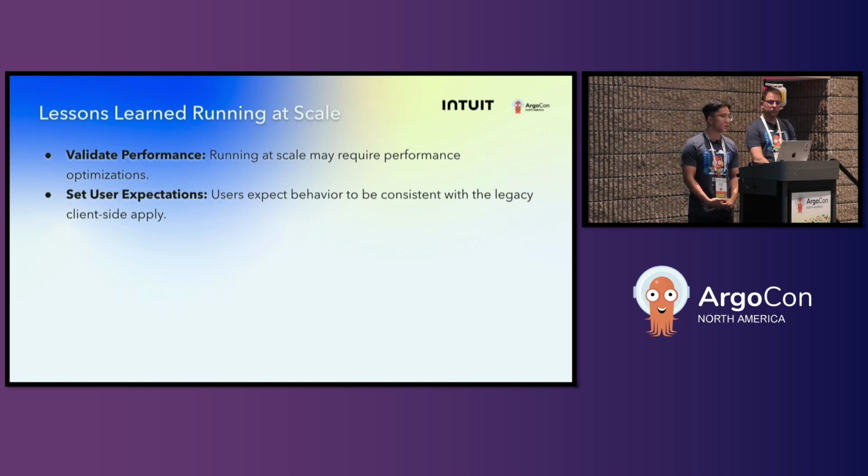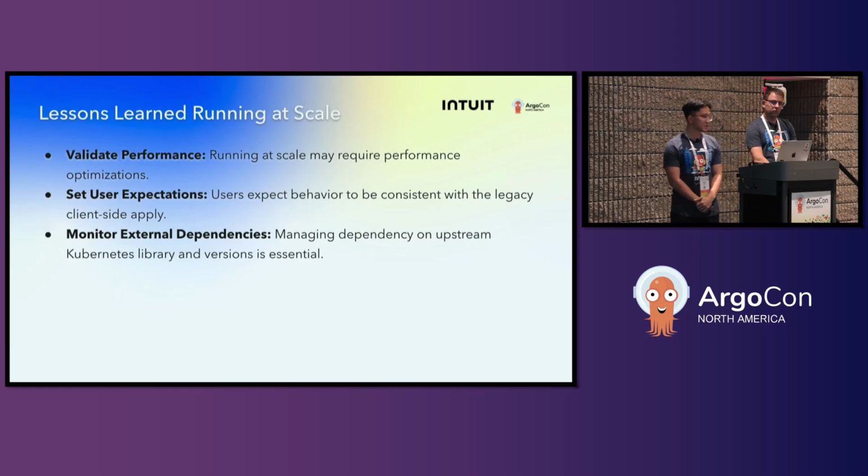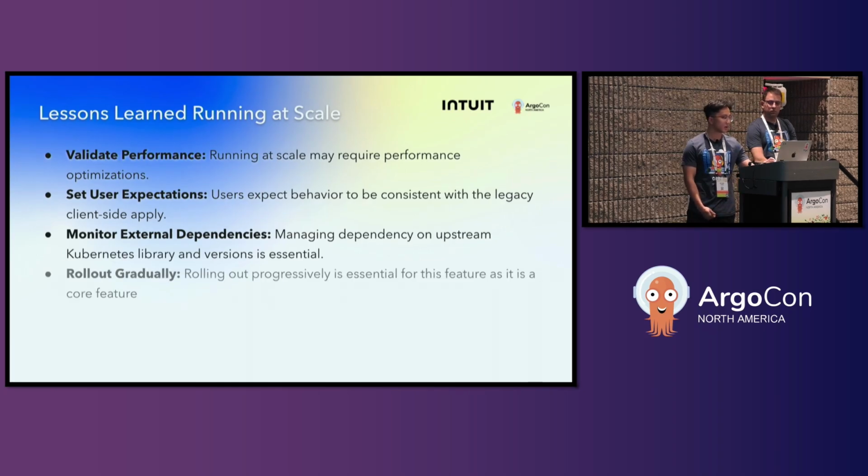It's important to set the expectation that we are now doing some additional validation, which is not a bad thing. Since this feature relies heavily on the Kubernetes library, it's important to make sure your version is up to date and keep the Kubernetes cluster up to date as well.